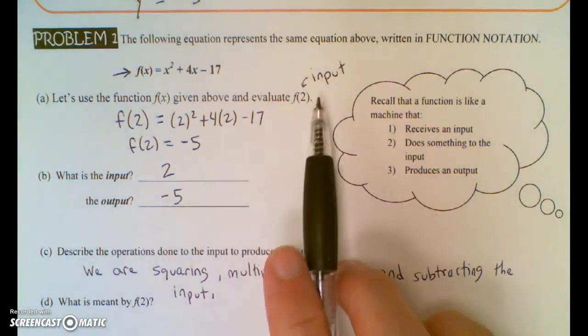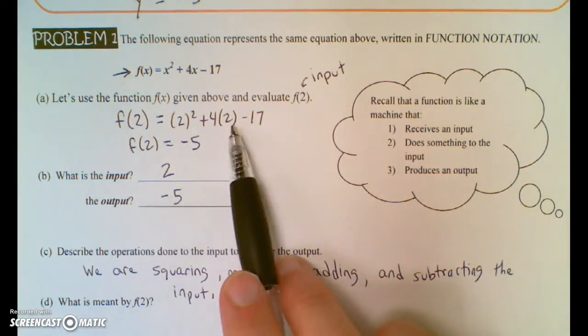So I'm taking my input of 2 and I'm doing all these operations to it to get my output of negative 5.